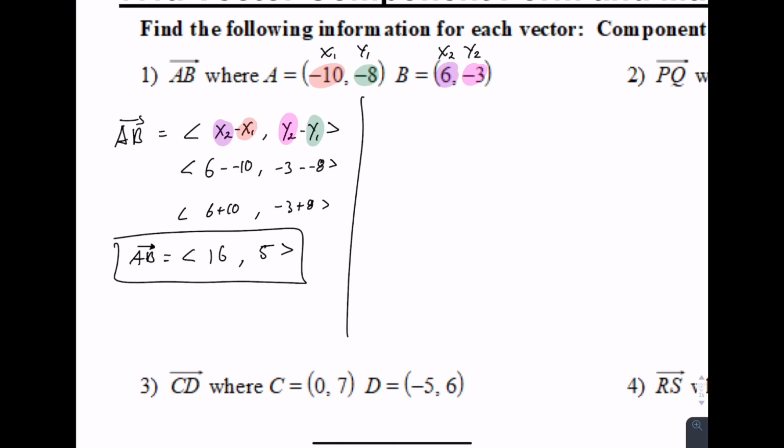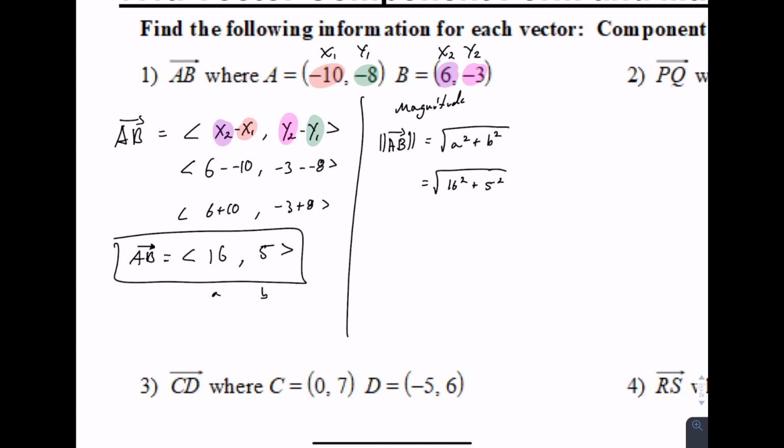Now the other half is where you do magnitude. Now make sure you write out the whole phrase. So AB with the vector on top, and you do the double bars on both sides. That's how you get magnitude. Now remember the formula. This is A and this is B. So this is the square root of A squared plus B squared. So this would be the square root of 16 squared plus 5 squared. And now all you got to do is figure out 16 squared.